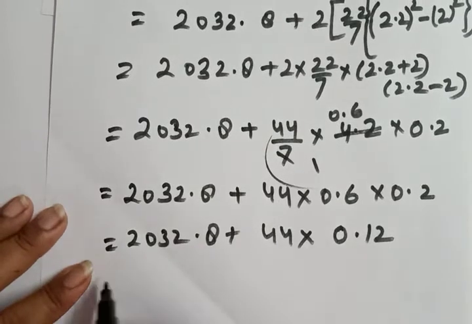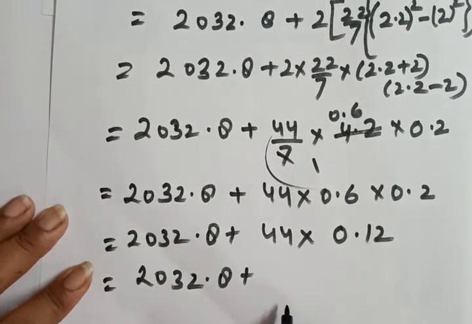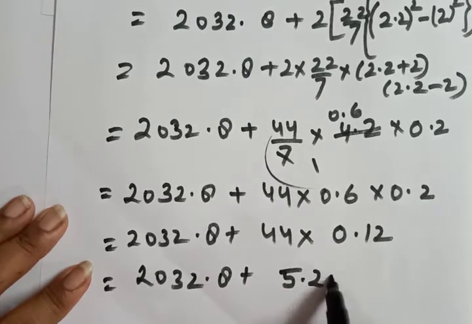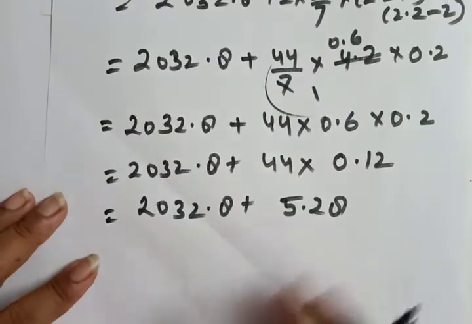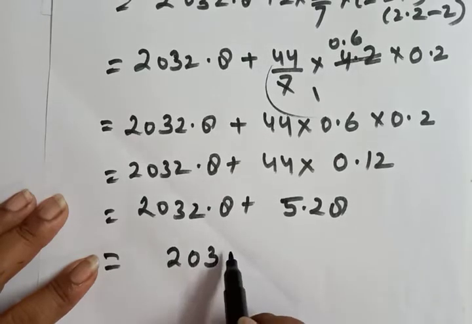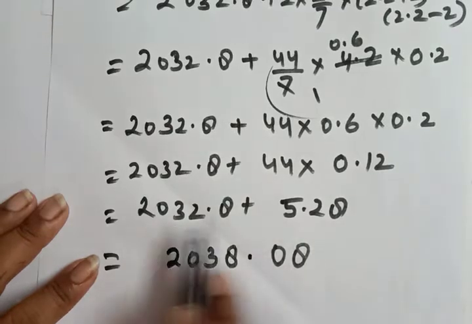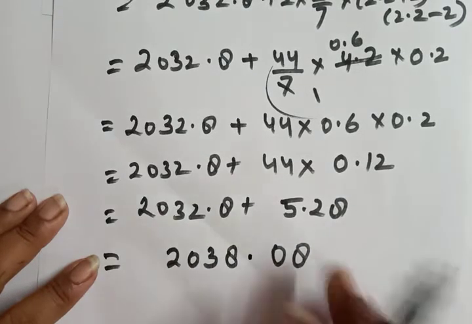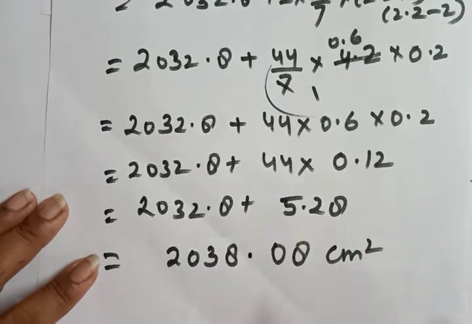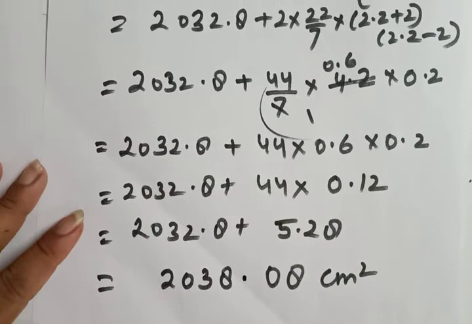Now we will multiply this and we will get 44 into 0.12, that is equal to 5.28. Now we will add this and we will get 2038.08. You can add by yourself also. The answer is in centimeter square. So I hope it is very clear.